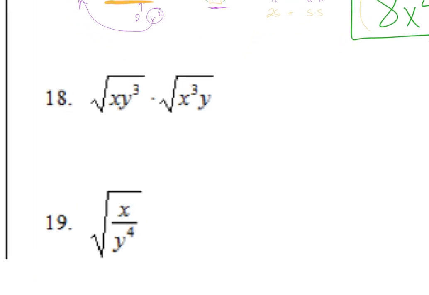All right, square root of xy cubed times square root of x cubed y. What's going to happen is the x's are like terms, so we get x to the 4th, and the y's are like terms, so we get y to the 4th. Now, we are looking for perfect squares, right? So if you want to think of it this way, x to the 4th is 2 perfect squares, and y to the 4th is also 2 perfect squares.